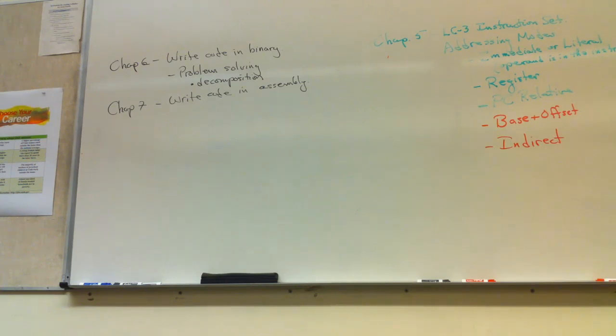You will be expected to write code, whether you write it in binary or in assembly. You will be writing code. I'll caution you about this. If you start getting up to 30, 35, 40 lines of code, you've missed something. I don't give a problem that tough.